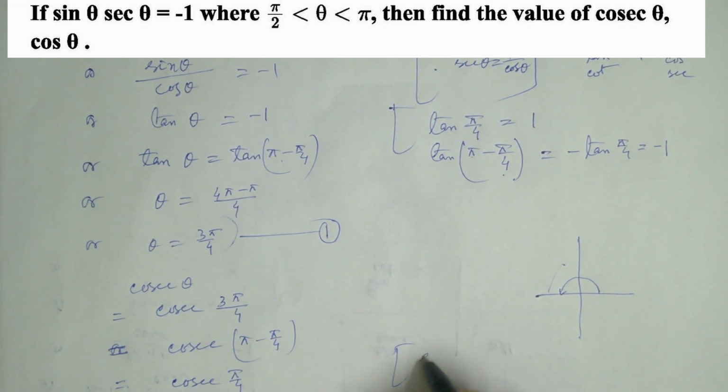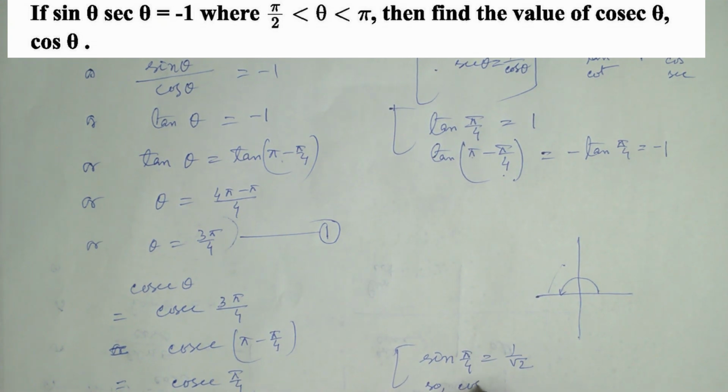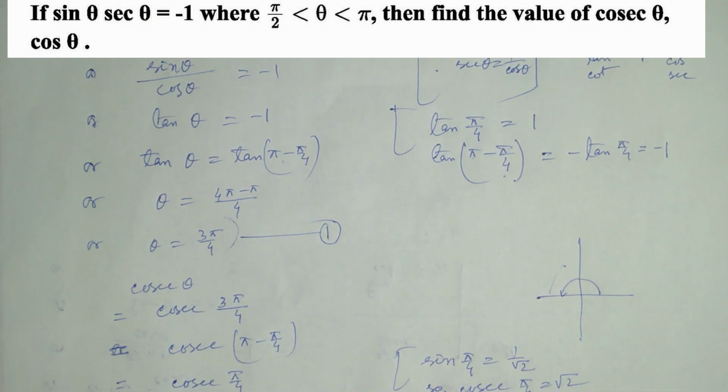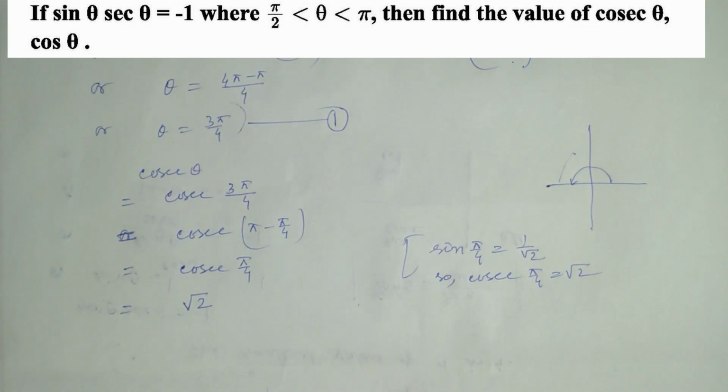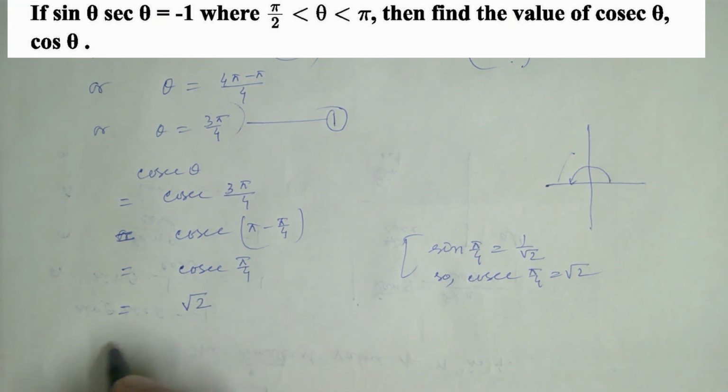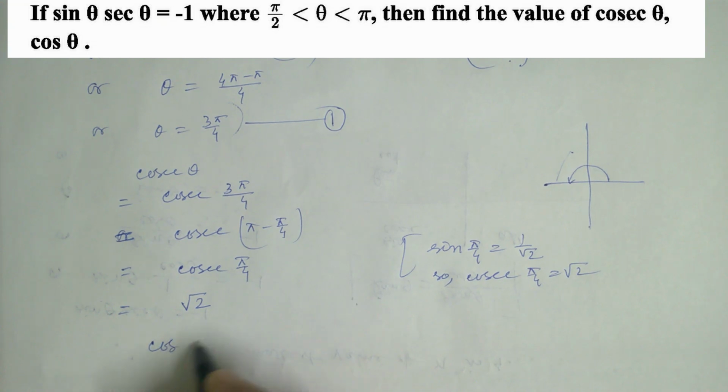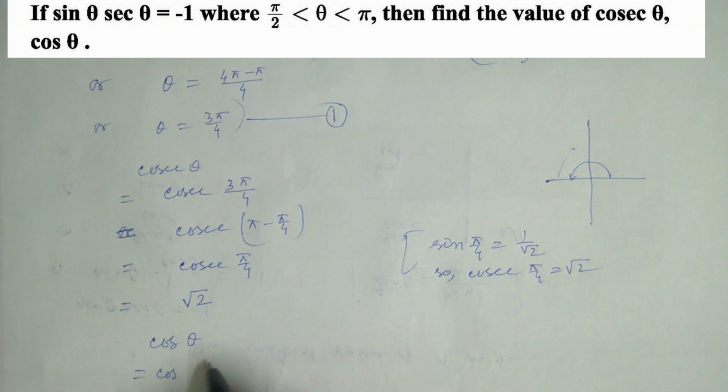As sin pi by 4 is equal to 1 by root 2, so cosec pi by 4 is equal to root 2. Similarly, we have to find out cos theta, that is equal to cos of theta, meaning 3 pi by 4.